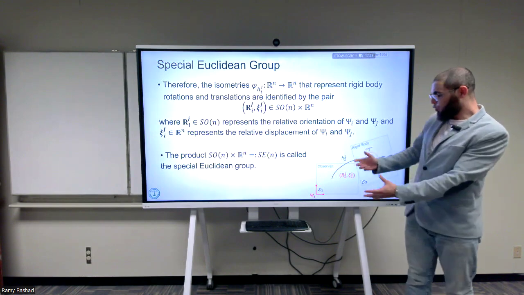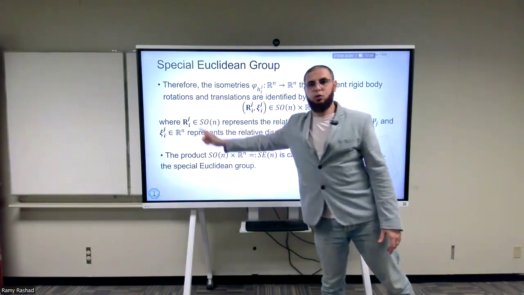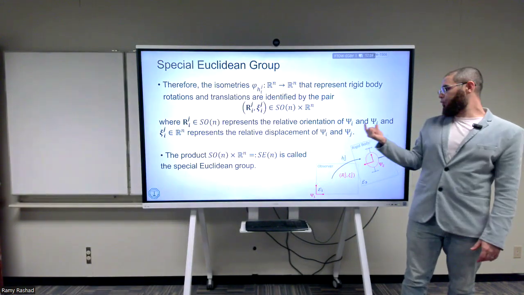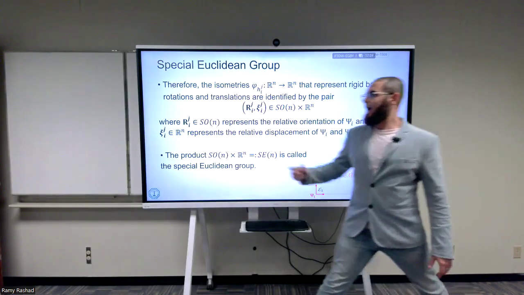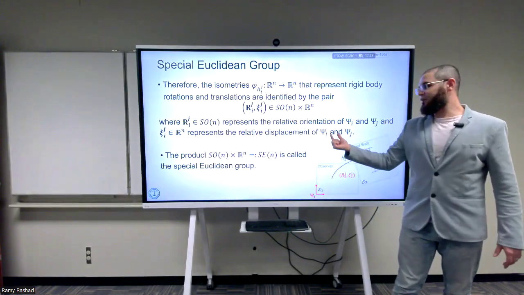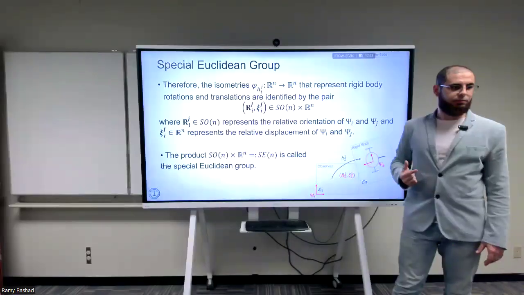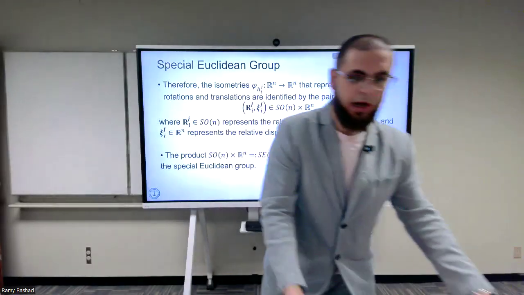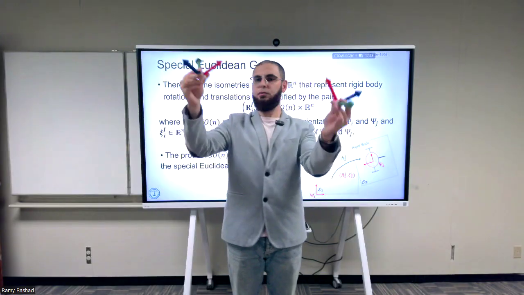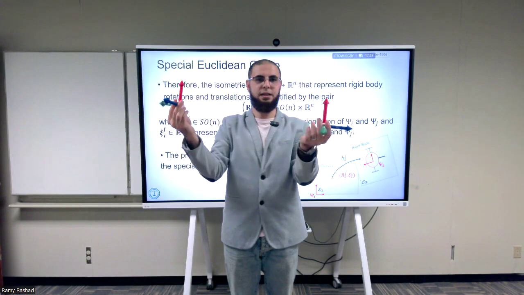Because we're talking about two rigid bodies or two Euclidean spaces, the Ri with respect to J corresponds to the relative orientation of frame I with respect to frame J, and the psi I with respect to J represents the relative displacement of the origin of frame I with respect to frame J. So when I tell you I have this frame and that frame, and I have an R from I to J and a psi from I to J, you know exactly what we're talking about physically, right?